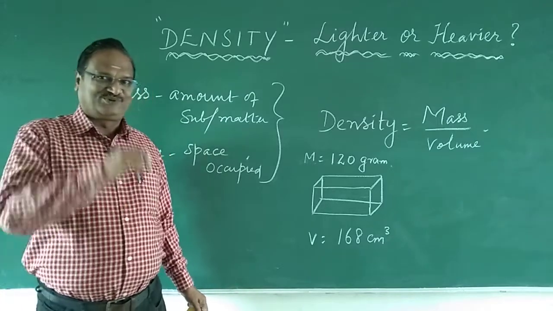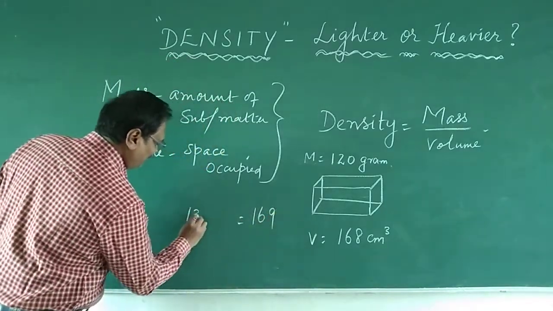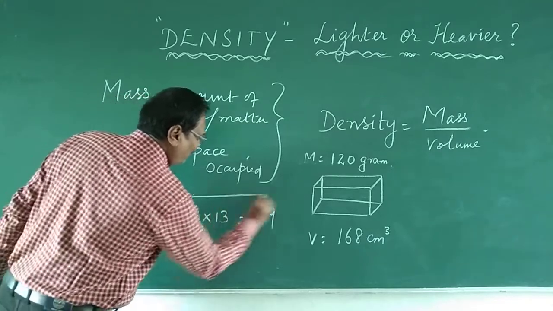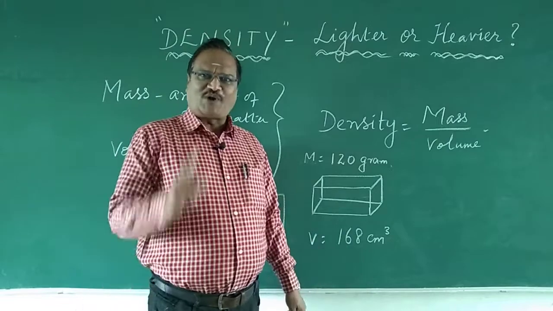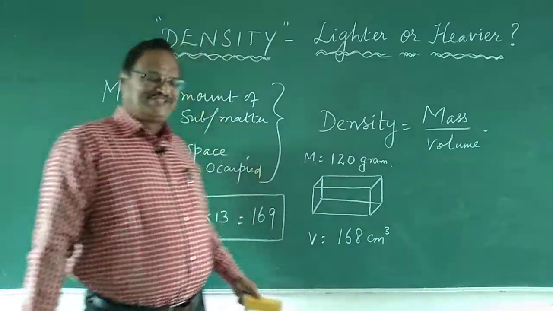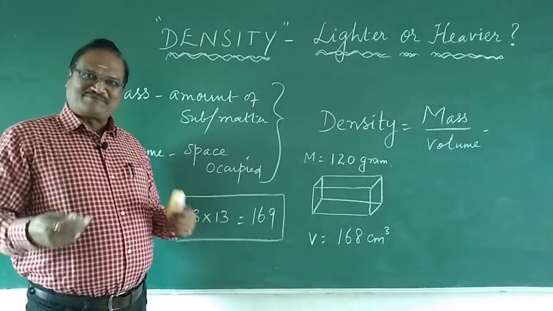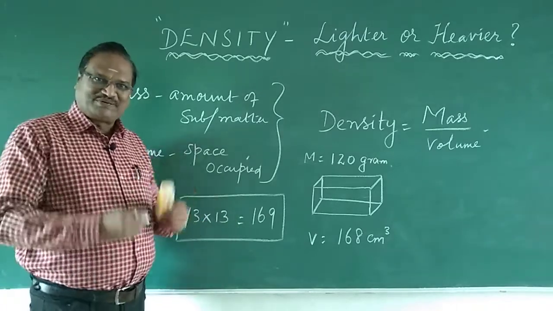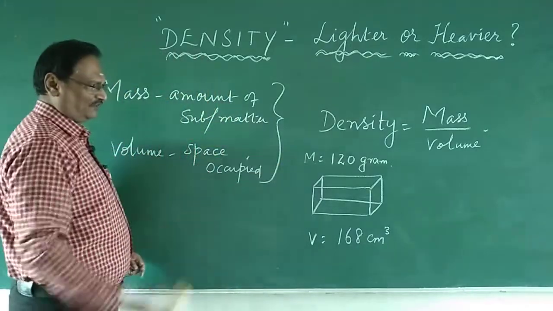I will tell you. I know 169, that is equal to 13 13s are 169. So I thought it is coming 168, one number less than that. Oh, this is the square of 13. This way we can remember easily with the numbers, right? So 168 cubic centimeter.